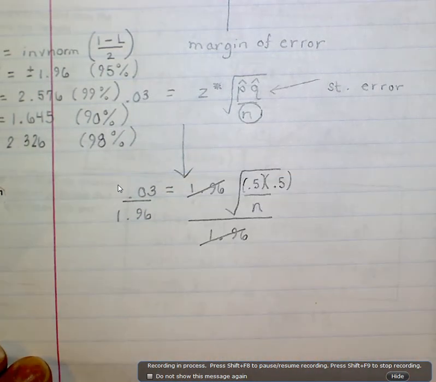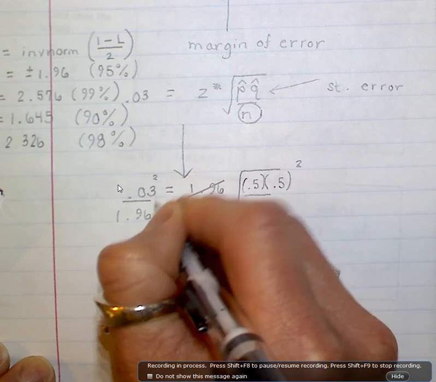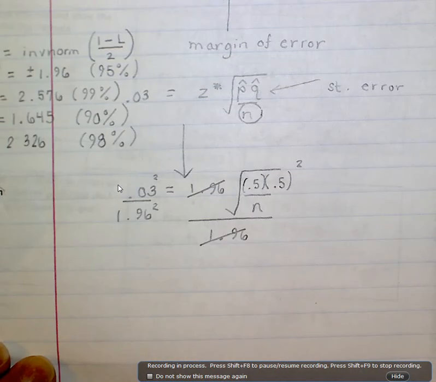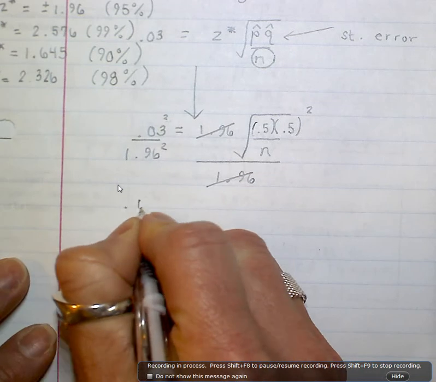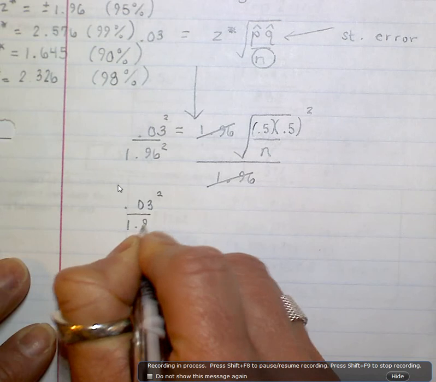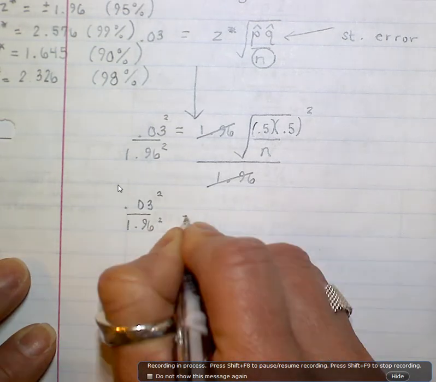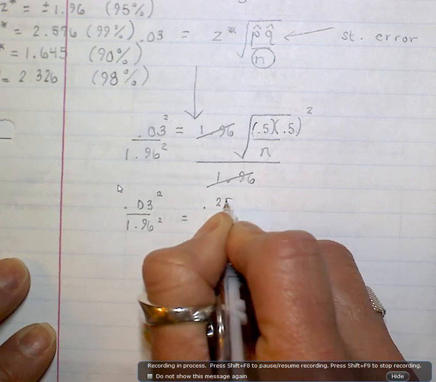Now we square both sides. When you square a fraction, that's like squaring the number on top and squaring the number on bottom. So what I have now, again, I'm not going to round: 0.03 squared over 1.96 squared is equal to 0.5 times 0.5, which is 0.25, over n.